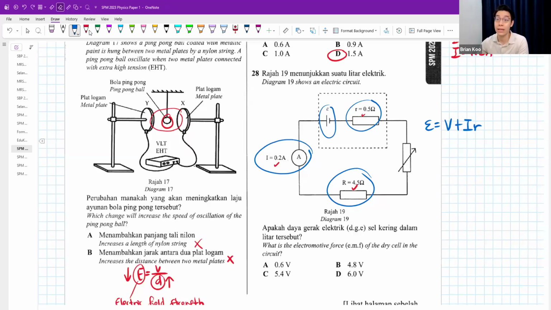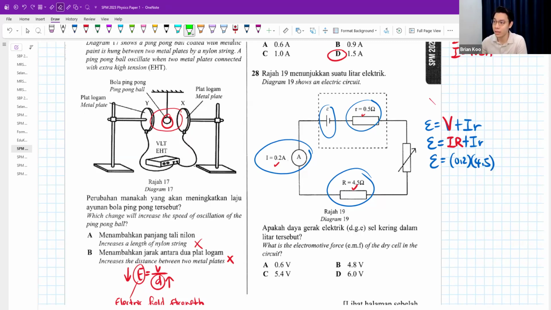However, we do not have big letter V. Big letter V, you can always replace it as V equals IR. Okay, V equals IR. Like this. The current is 0.2. The big letter R is 4.5. By the way, big letter R means the resistance outside of the battery.